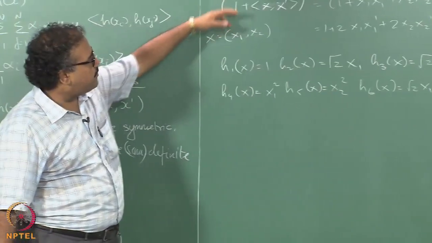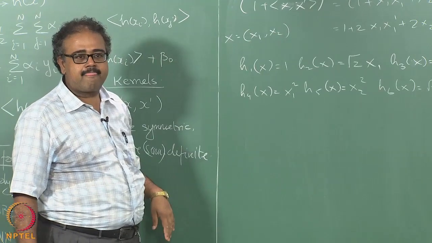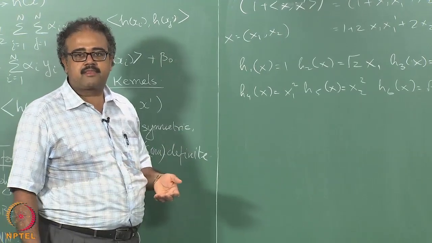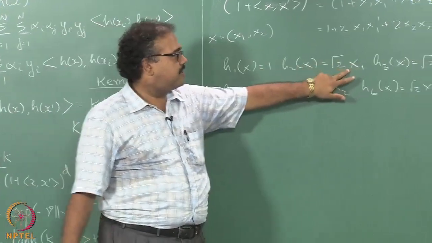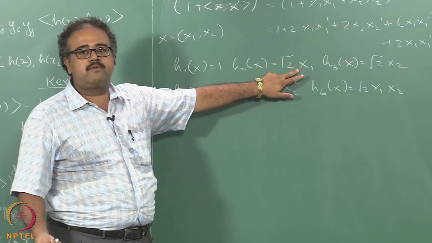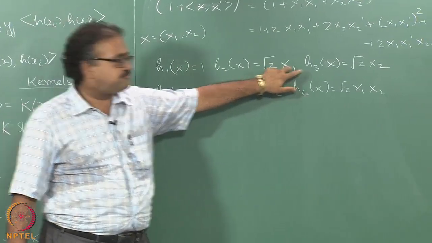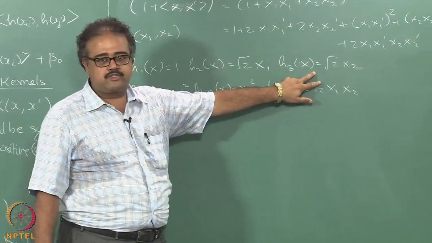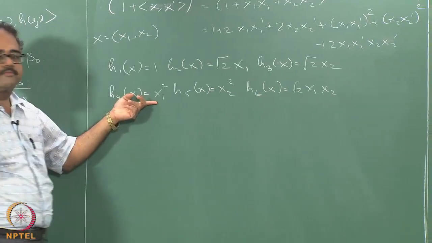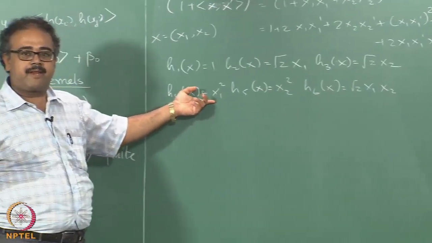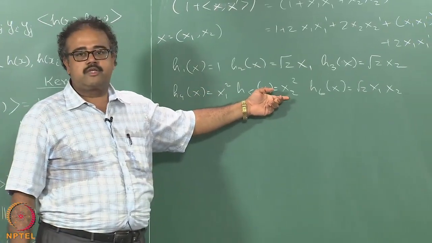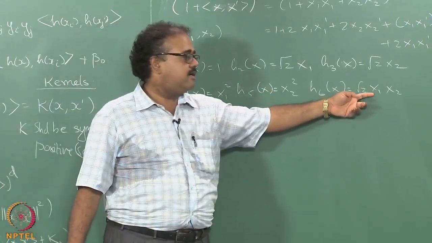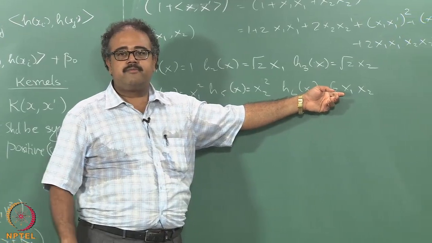Now if I make this operate on x and x prime and take the inner product, what will be the terms? 1, 2 x1 x1 prime, 2 x2 x2 prime, x1 squared times x1 prime squared, x2 squared times x2 prime squared, and 2 x1 x1 prime x2 x2 prime.